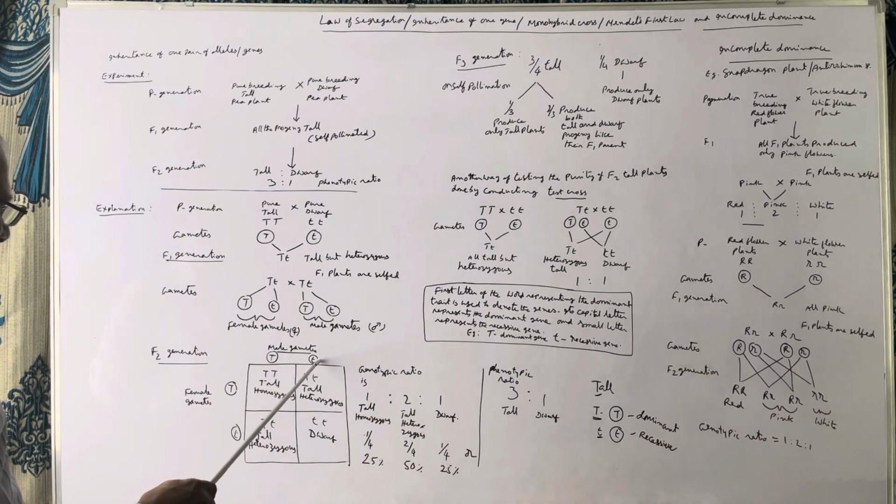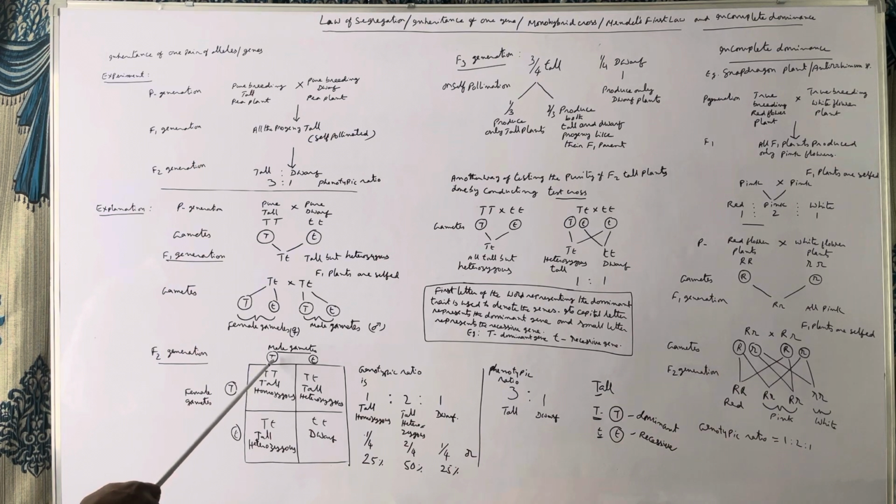If this pollen grain fertilizes this ovum, what do we get? We get a plant which is heterozygous, but it grows tall because it has one dominant gene. If this pollen grain fertilizes this ovum, what happens? Again, we get one heterozygous plant which is tall.